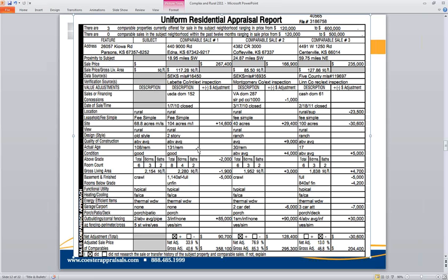I wish I had the right appraisal to show this. This just ended up getting denied. But essentially, you need to eliminate factors.